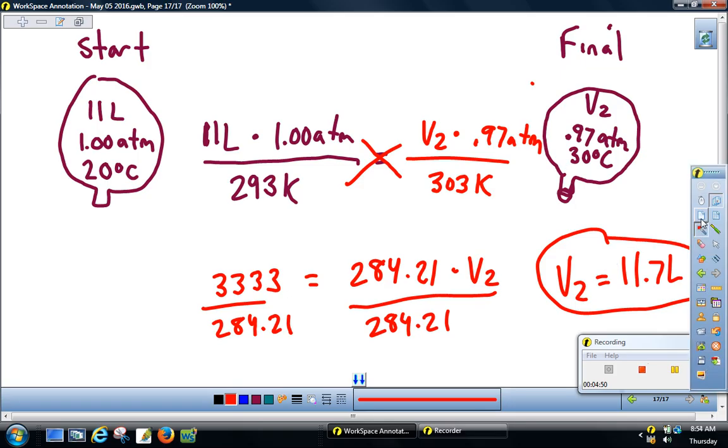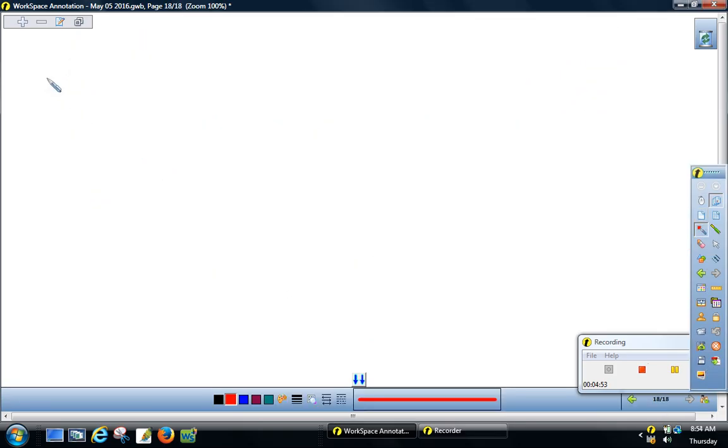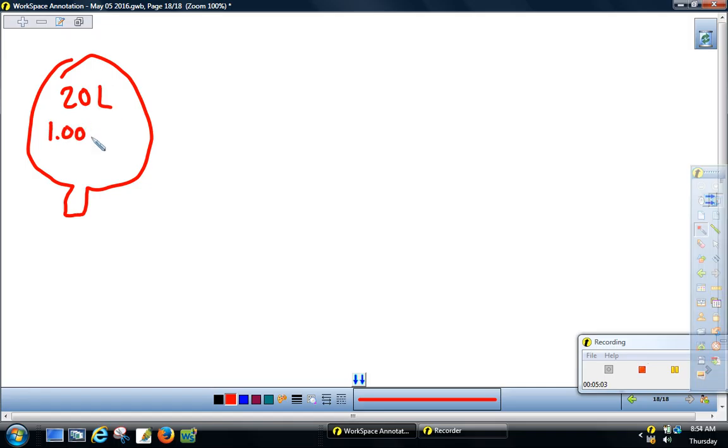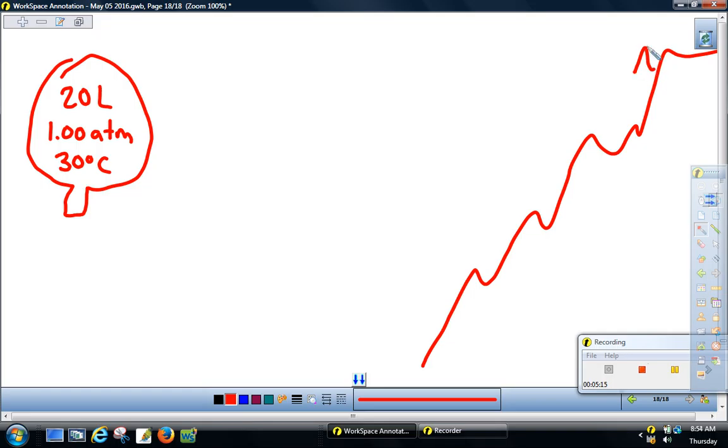Let's do one that's a little bit more challenging. Let's do another picture here. So let's say our balloon is 20 liters in size. The pressure, once again, let's start out at sea level. And let's say the temperature, nice sunny day, 30 Celsius. We're going to climb to the top of Mount Everest with our balloon.